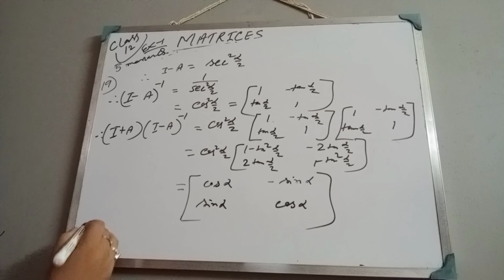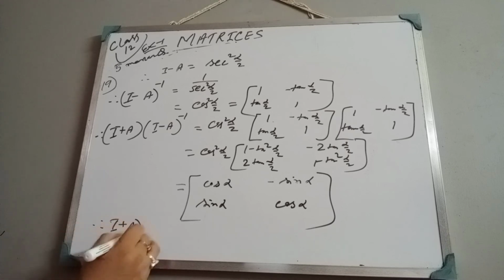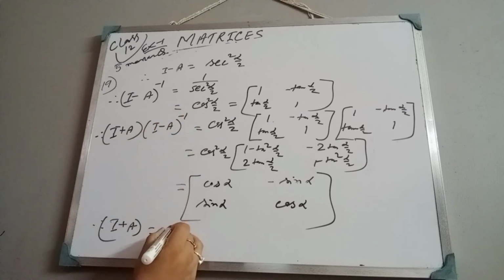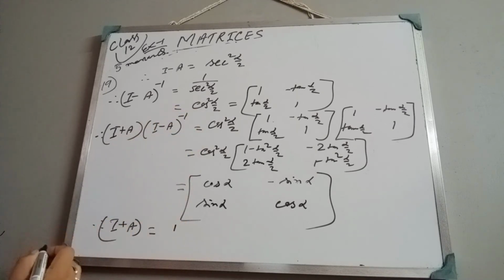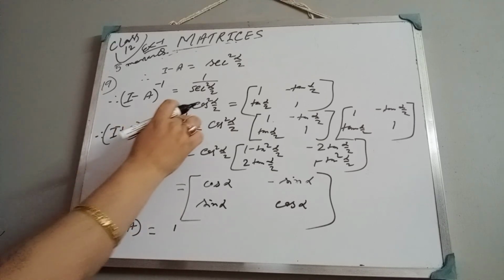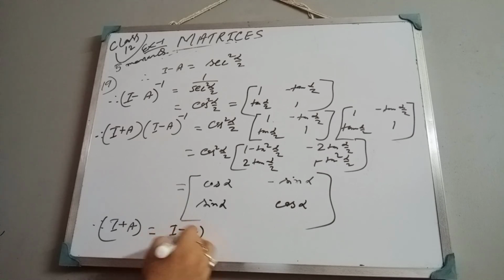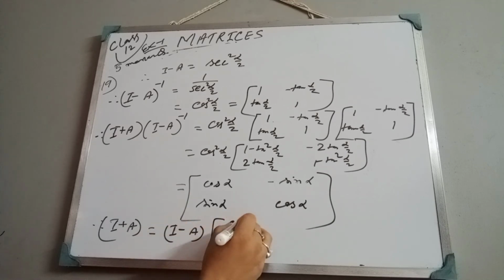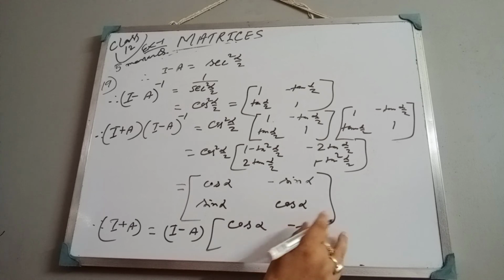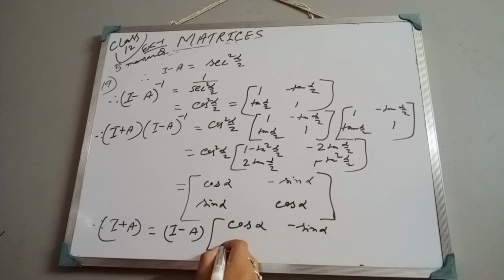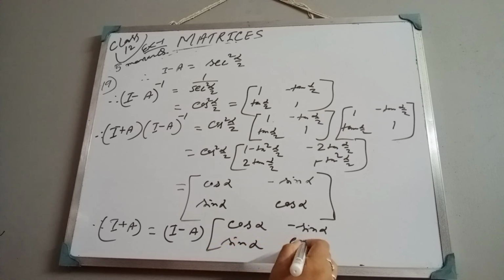Here also cos alpha. Therefore, I plus a is equal to, this is I minus a whole to the power minus 1, which means 1 by I minus a. So we can write here I minus a into this matrix: cos alpha, minus sin alpha, sin alpha, cos alpha.